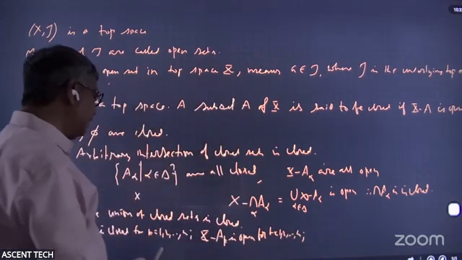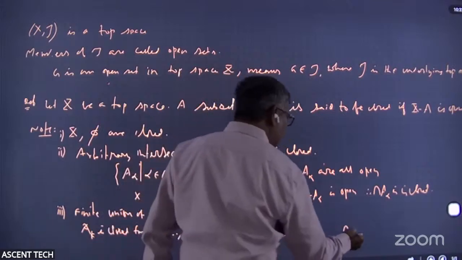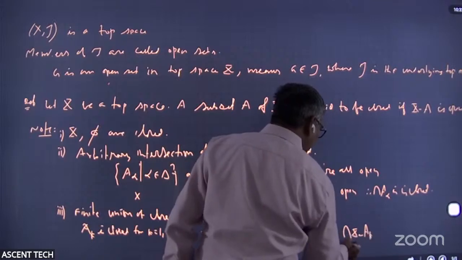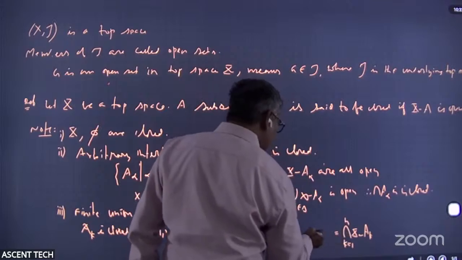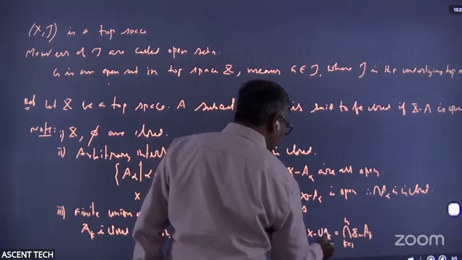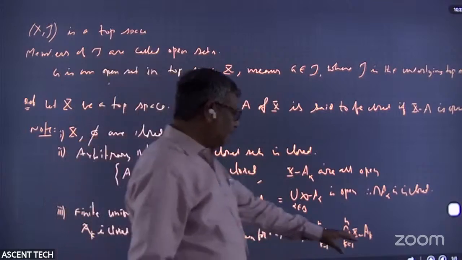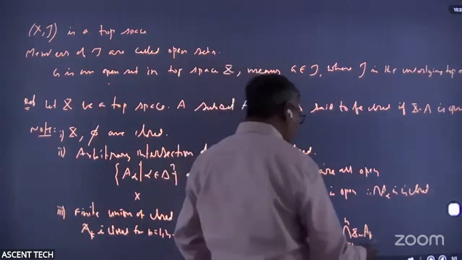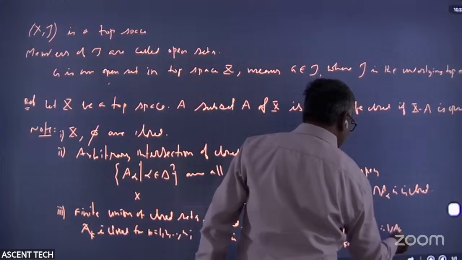Now, you see, finite intersection of open sets is open, therefore the intersection of X minus A k, k equal to 1 to n. This is a finite intersection of open sets, and that is after all equal to X minus the union of A k, k equal to 1 to n. So, as these are finitely many open sets, their intersection is open, finite intersection is open. So this is open, therefore the union of A k, k equal to 1 to n is closed.